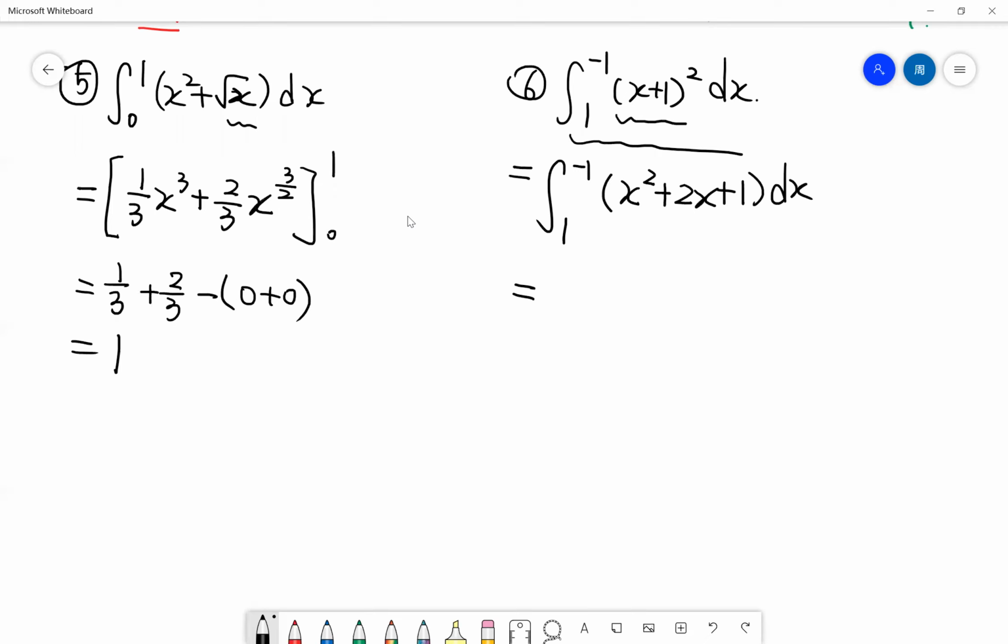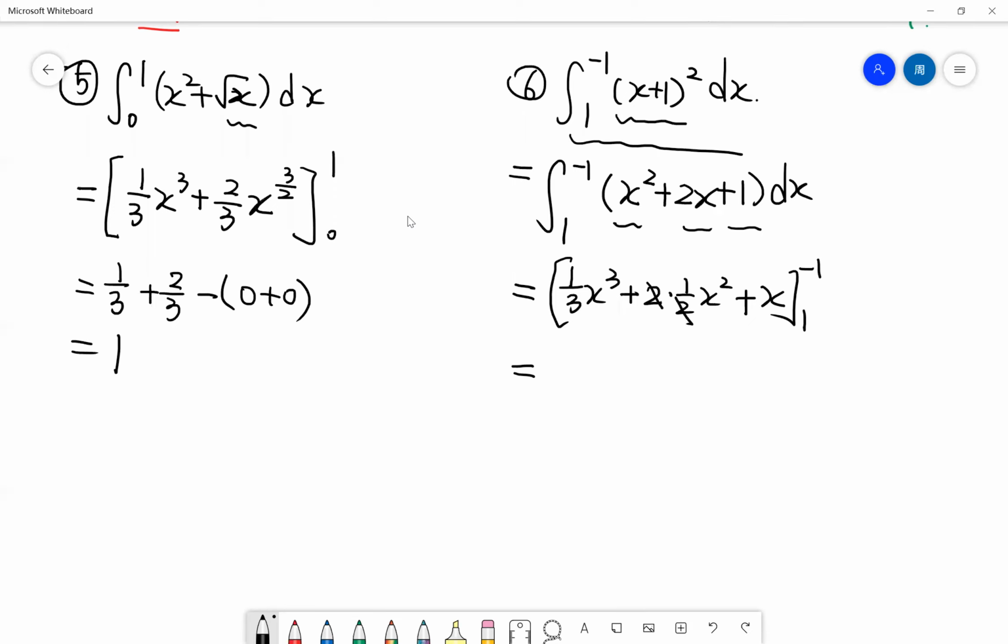So we can first find the antiderivatives for these 3 parts. That should be 1/3 x^3, and then plus 2 times 1/2 x^2, and then plus x, from 1 to -1.